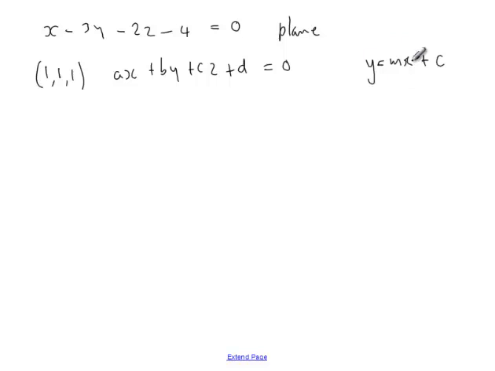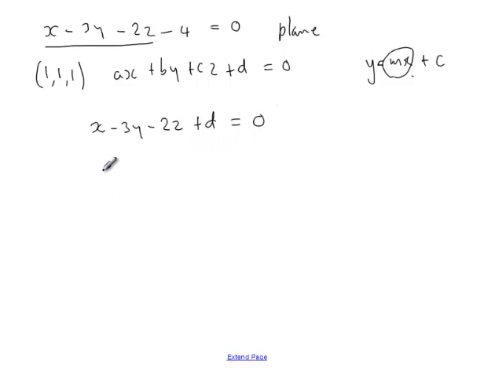Now if you want an equation parallel to that one, you keep your gradient, then you substitute the point on that line. So we keep this part, then we say x minus 3y minus 2z plus d, which is our unknown, equals 0.